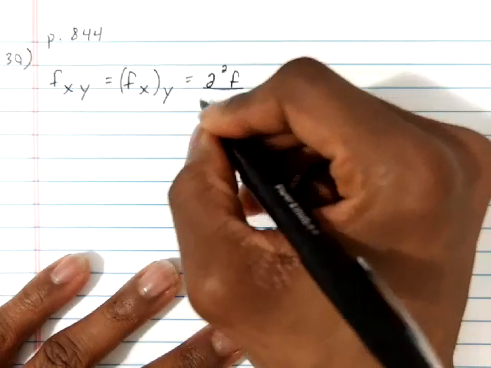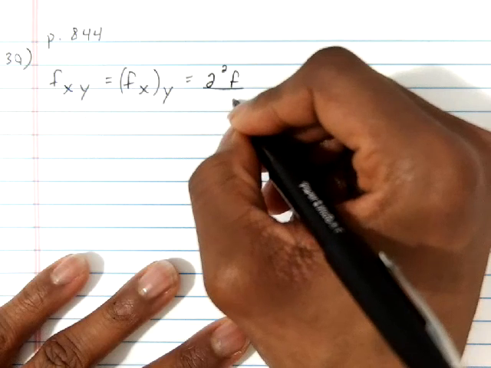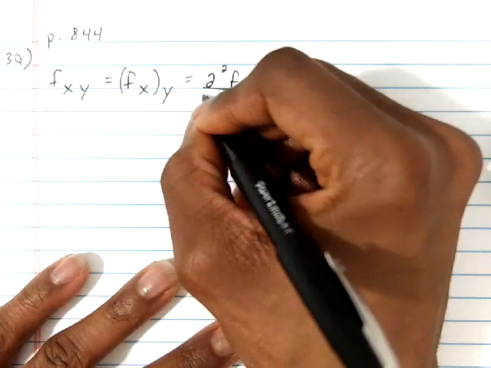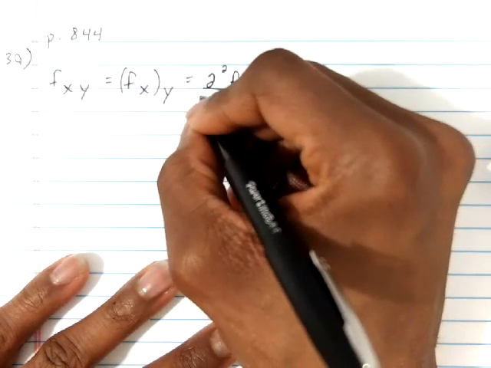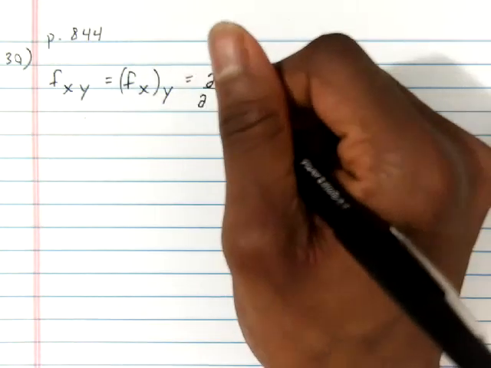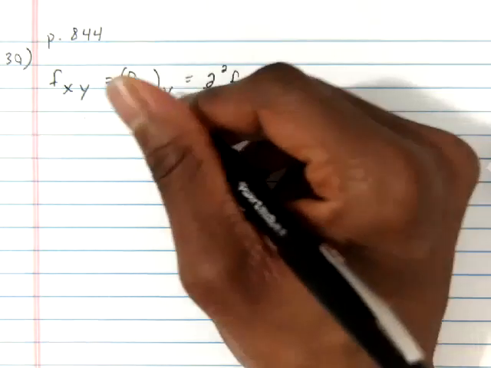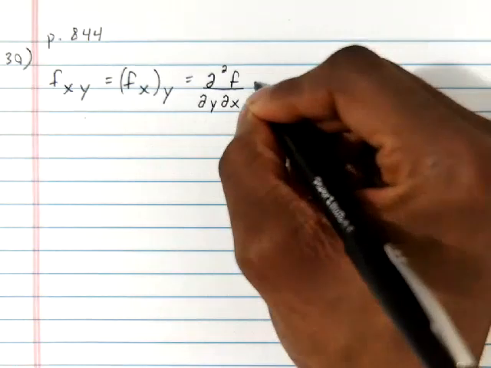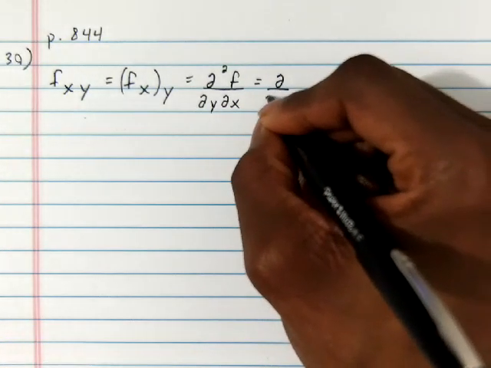Now with this notation, we look at whatever we're doing first comes on the right, and I'll rewrite this so that you see why that is. Because I'm going to put two things down here in the denominator, or the lower part of this thing. So this is the second partial of f. First thing we're doing is with respect to x, and then we're doing with respect to y. So the y goes there and the x goes there. And the reason being is because this is the same as this notation.